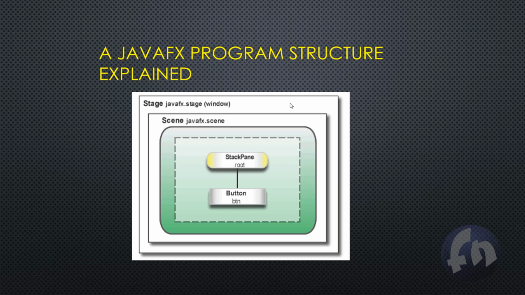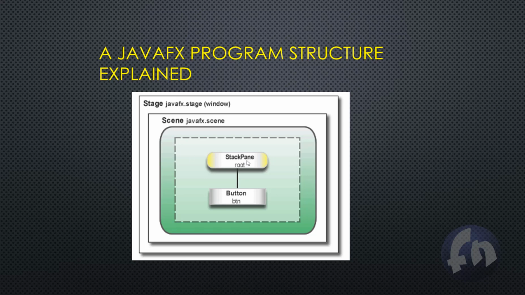So this is the main stage. Now pay close attention to this. This is the main stage, and the stage takes a scene. Then that scene takes a node component. Now the node component is the root element. Maybe it's a container, and it's actually a container. You can have a list view, you can have a border pane, you can have an anchor pane, a pane, all that.